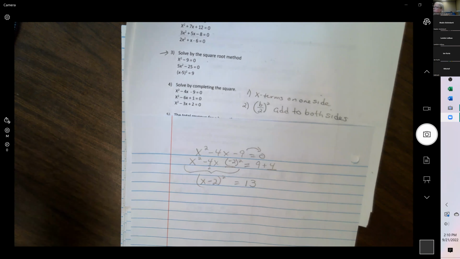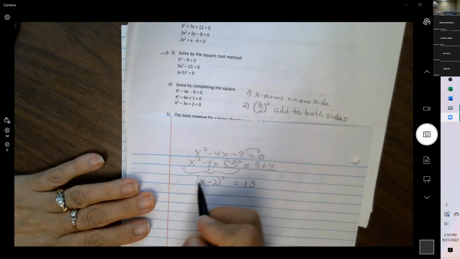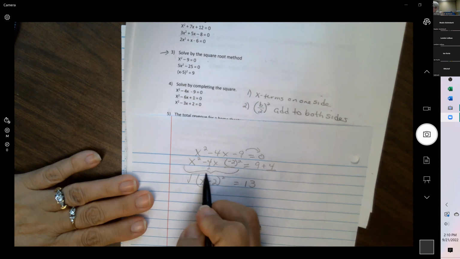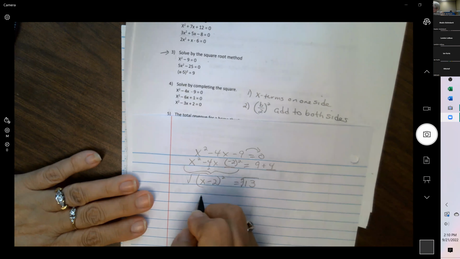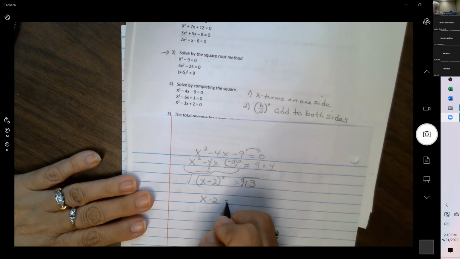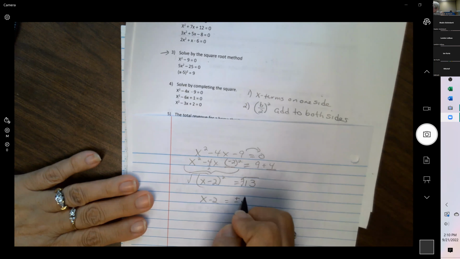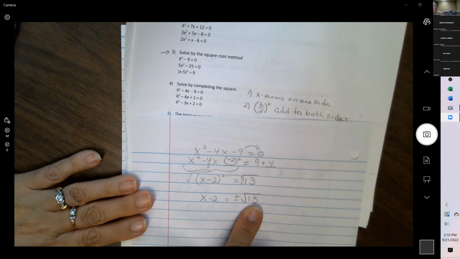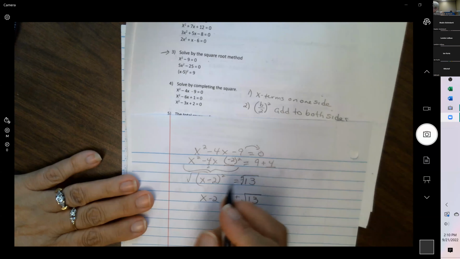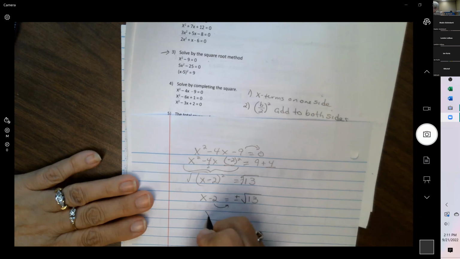Then you can do like we did the last problem, take the square root of both sides. Don't forget the plus and minus. The square root of 13 doesn't have a perfect square, so it stays. I bring my 2 over.